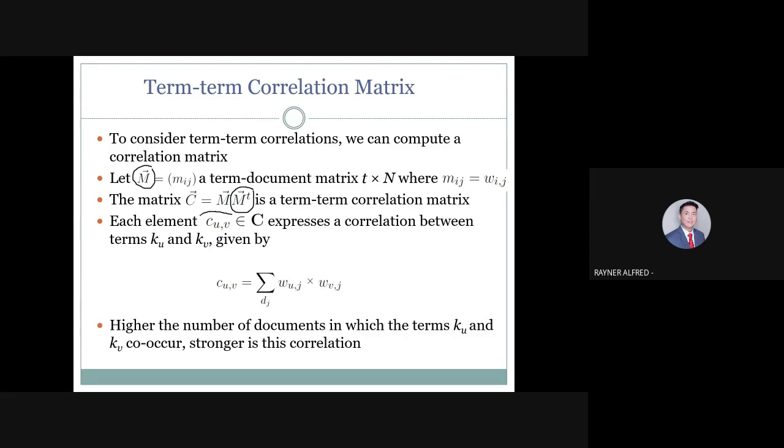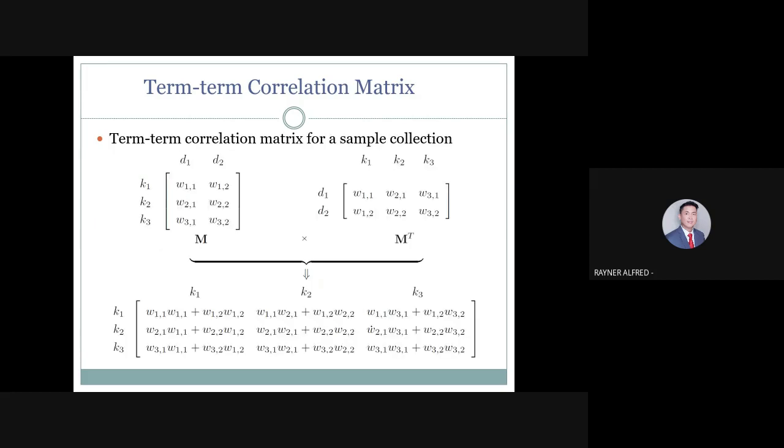If the weightage here is higher, that means keyword U and keyword V are closely correlated to each other. Let me show you the example.